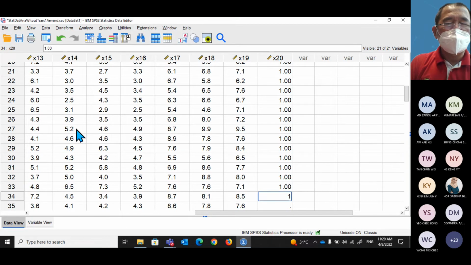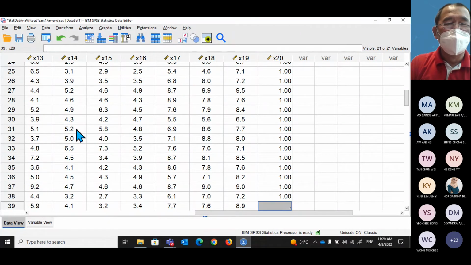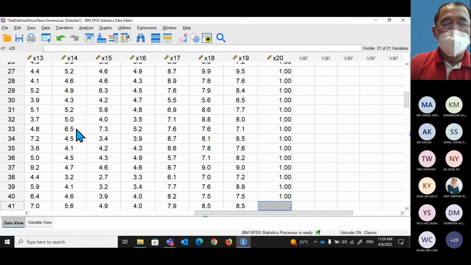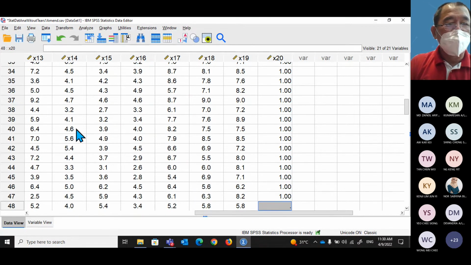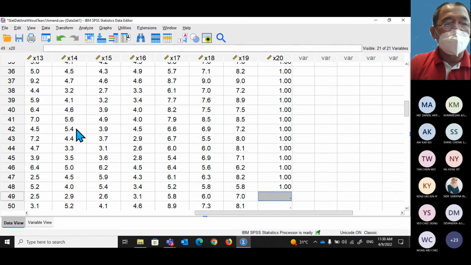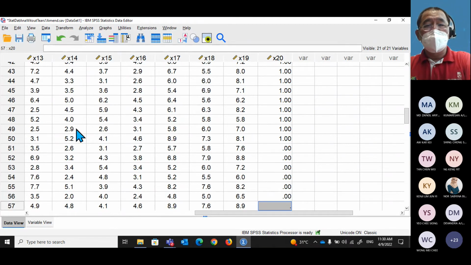In this area, I think Excel is more powerful than SPSS. Here SPSS must do it one by one.